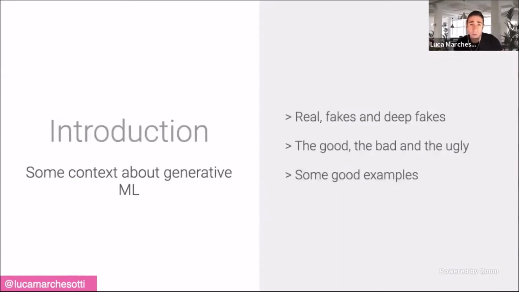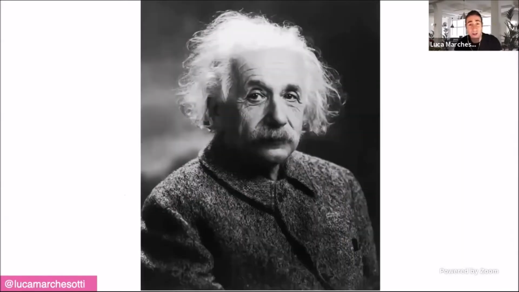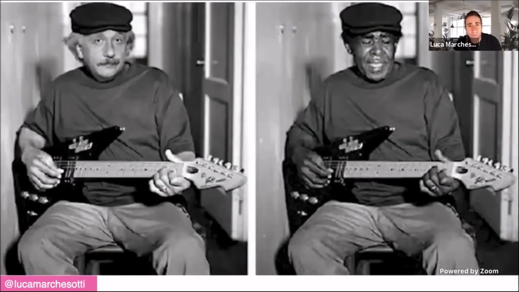So first of all, a quick introduction. What are deepfakes? Let's start with real content. So this is an example of a picture that probably a lot of people already know. This is a real picture that was taken probably 100 years ago, but this is another picture. While you can probably imagine that the one on the right is real, the one on the left is not real.